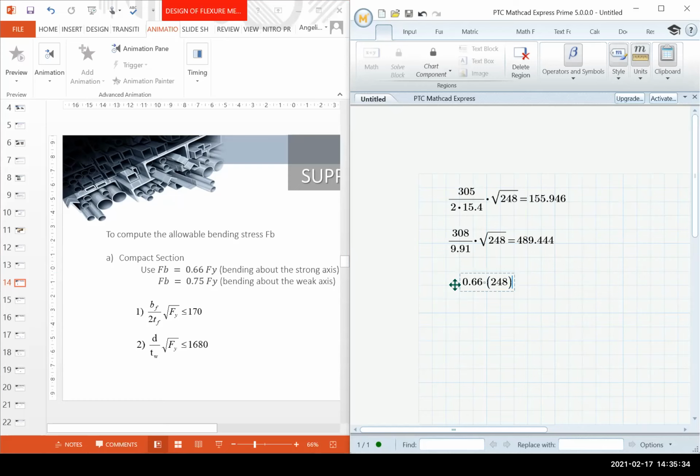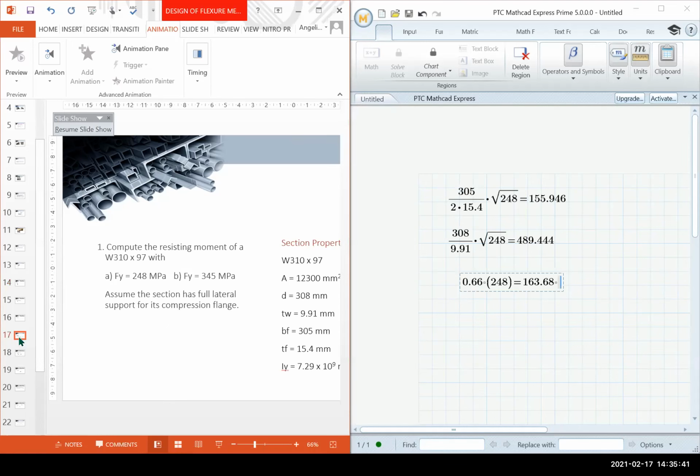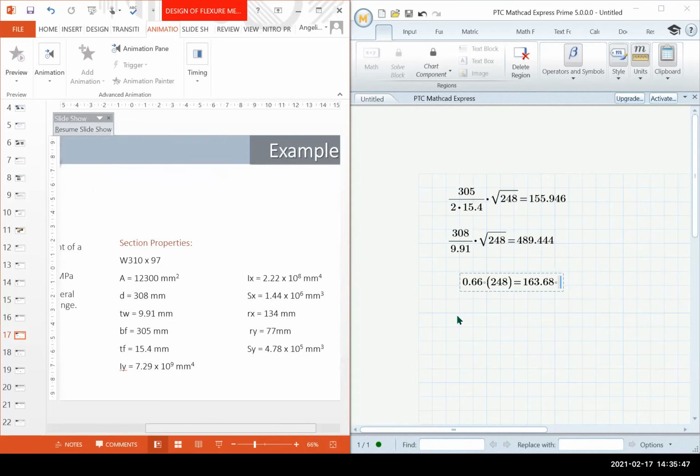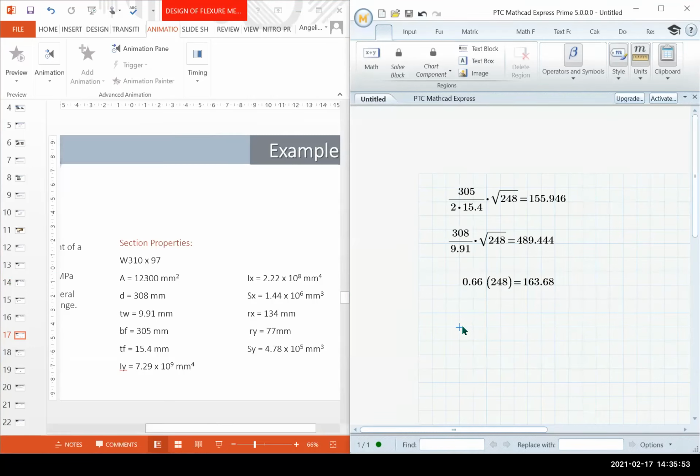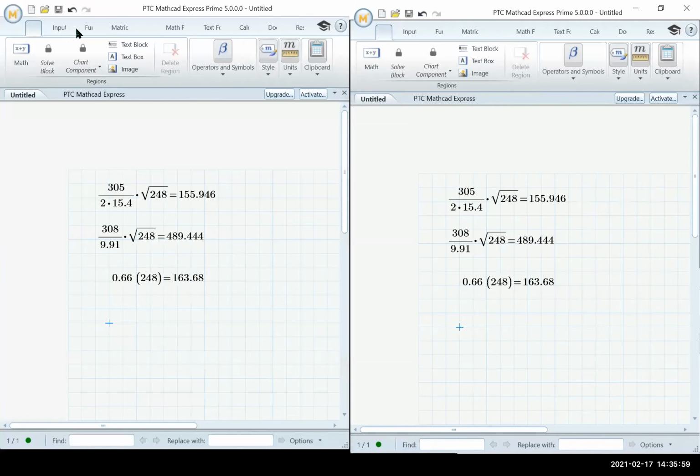So, ito yung value ng bending stress natin, 163.68 megapascal. Tingnan natin, ito ba yung hinahanap? Compute the resisting moment. So, ang tinatanong is moment. Ano ba formula ng moment? Bending stress is equal to MC over I or M over SX.